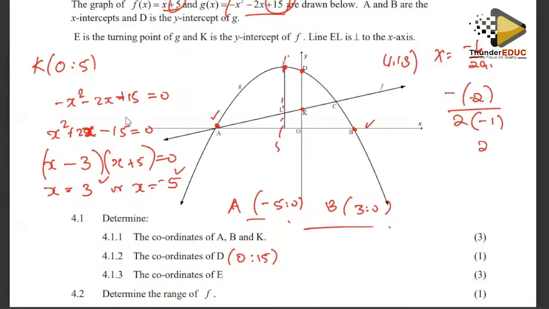So it's going to be 2 over negative 2, which is negative 1. Then substitute this negative 1 into g. g of negative 1 is negative 1 squared, minus 2 times negative 1, plus 15. Negative 1 plus 2 plus 15. That's 17 minus 1, which becomes 16.